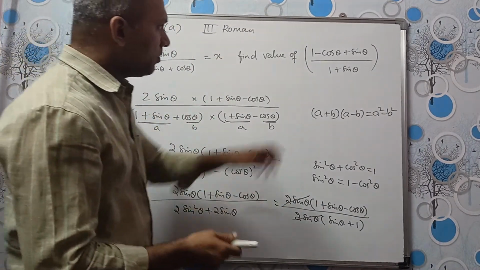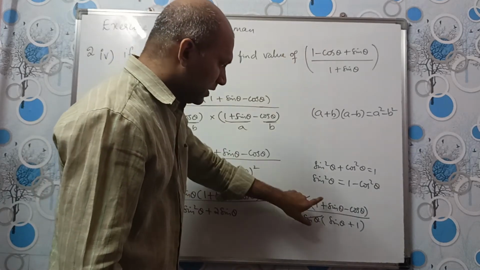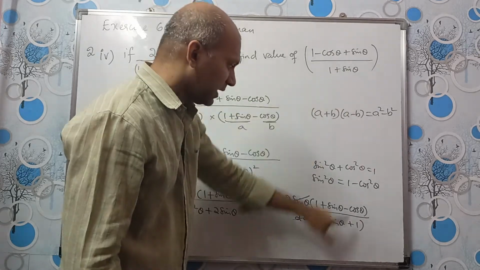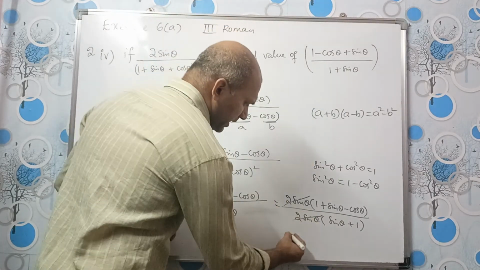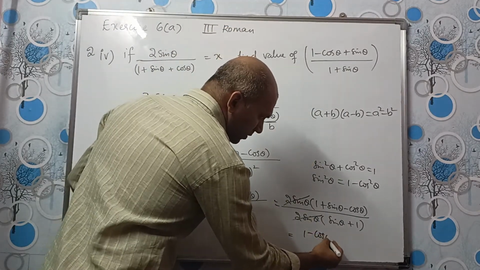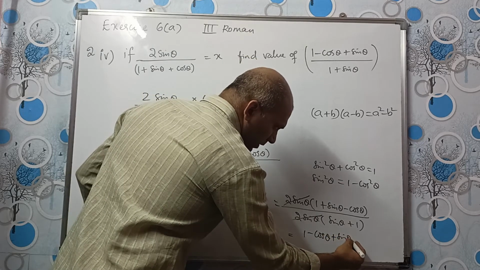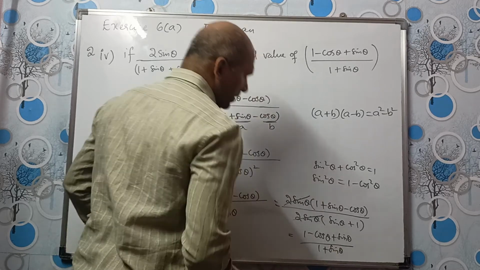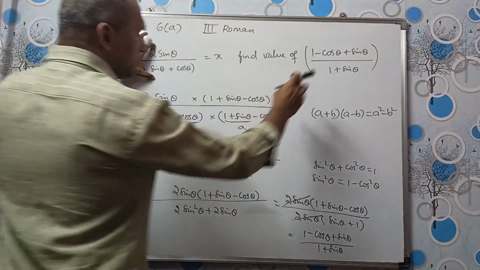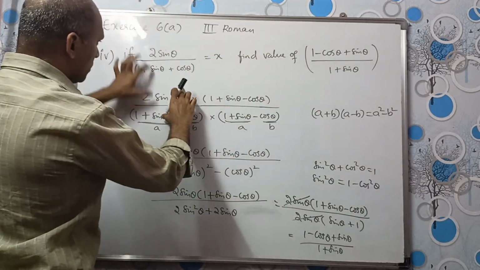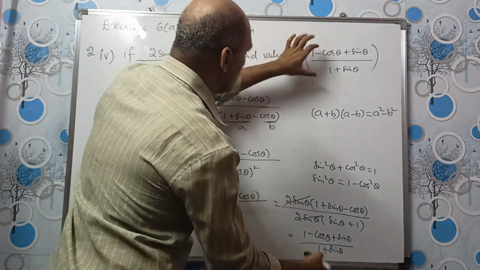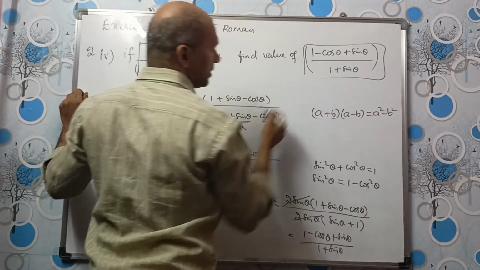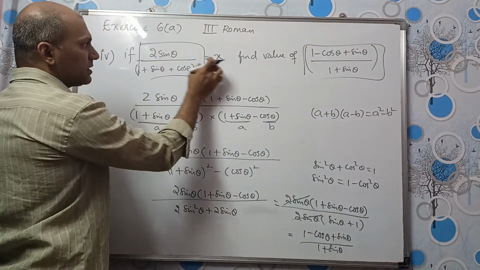So see, this whole part we got again, it is 1 plus sine minus cos, 1 plus sine minus cos over 1 plus sine, sine plus 1, right? Let us rewrite this, 1 minus cos plus sine divided by 1 plus sine, right? Which means these two values are same. We took this value and we got this value, which means this whole part is equal to this, right? Both are equal, and this is equal to x given.